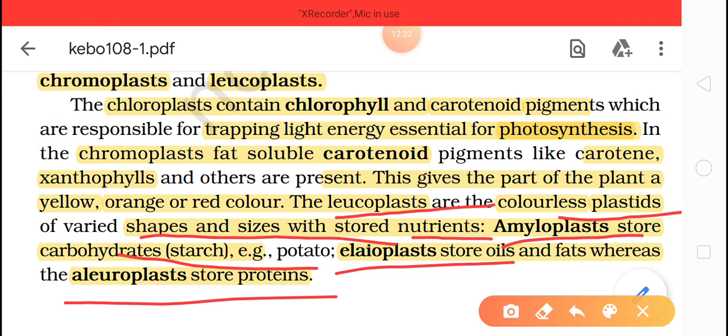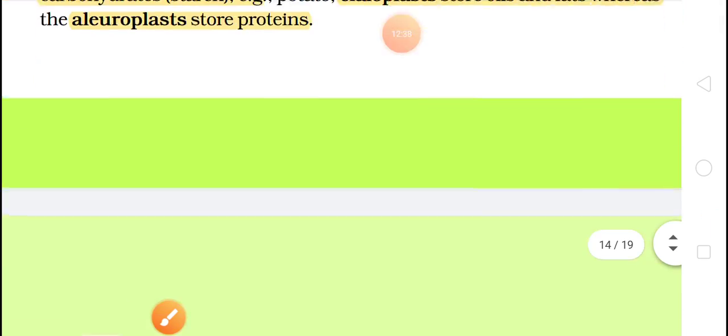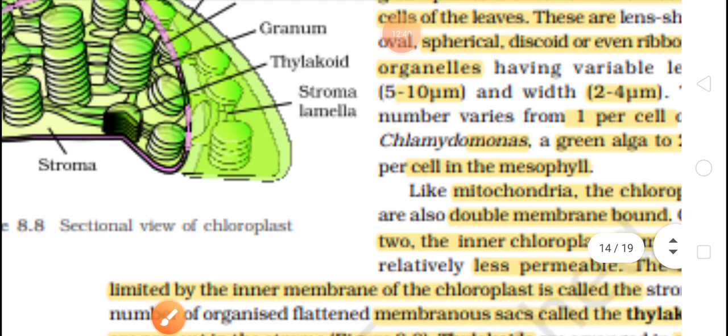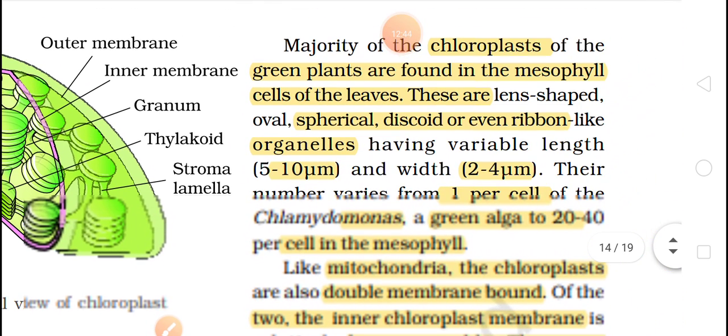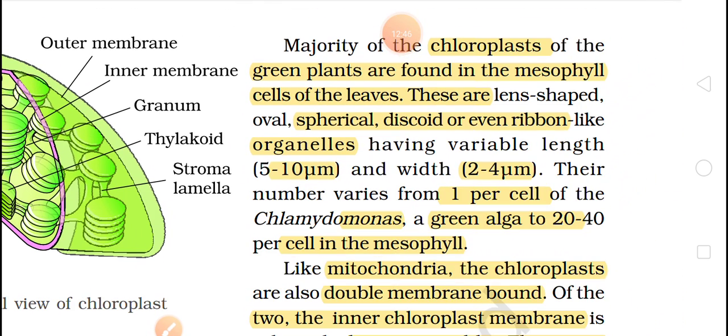So children, this is about the plastid, the three types that we have discussed. Now there are some details: chloroplasts are found in the green plants.